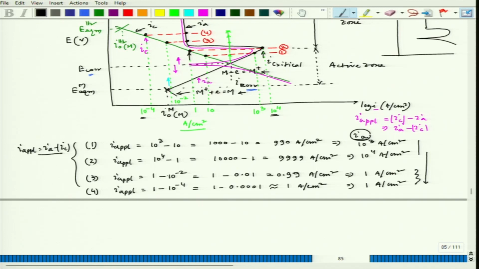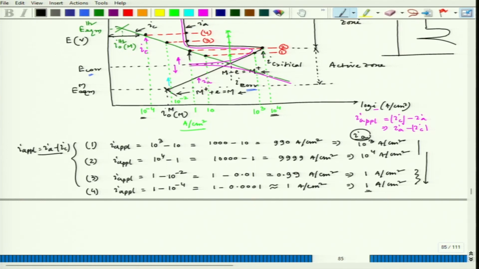and let us say I stay at point number 4. That means the metal or alloy in that particular electrolyte will achieve passivity, and to maintain that passivity, or let us say I would like to stay there for a longer duration, to maintain that polarization, that particular potential position, the amount of external current I have to supply is of the order of 1 ampere per centimeter square.